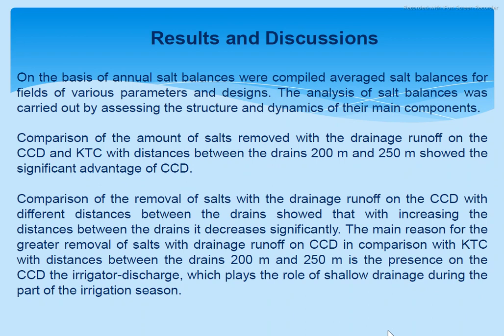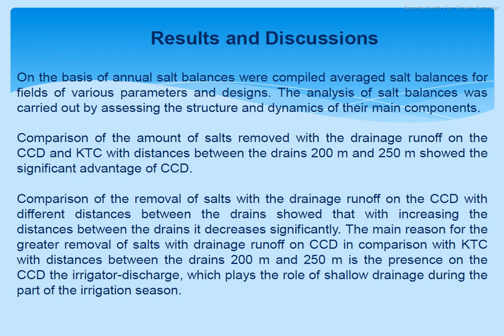In the income part were considered reserves of salts in the soil layer of 1.8 meters and in the groundwater layer of 1.2 meters in April, receipt of salts with irrigation water and with fertilizers, and also the total salt balance in the layer of 3 meters.